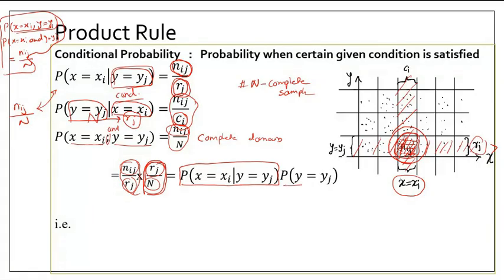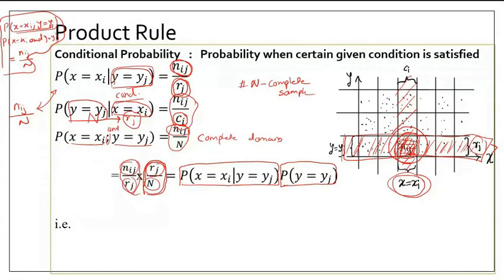Rj by n is the probability y equal to yj. If you recall the previous rule, y is equal to yj is rj by n. You can check here, y equal to yj means I am interested in all these samples. I am not interested in the value of x. Irrespective of x, if I choose y equal to yj, then the count of all these samples is rj.